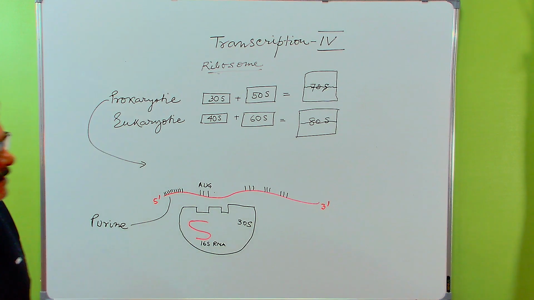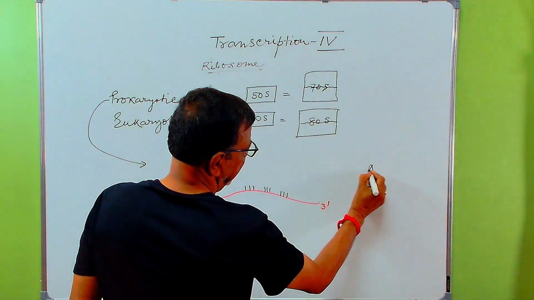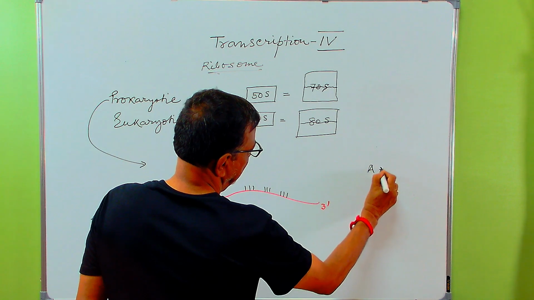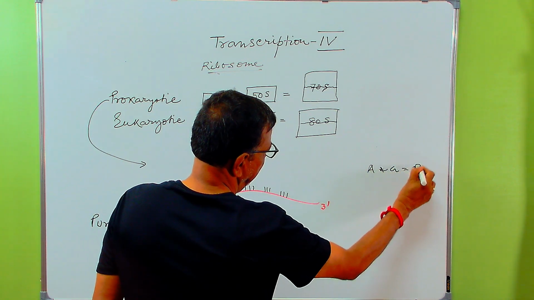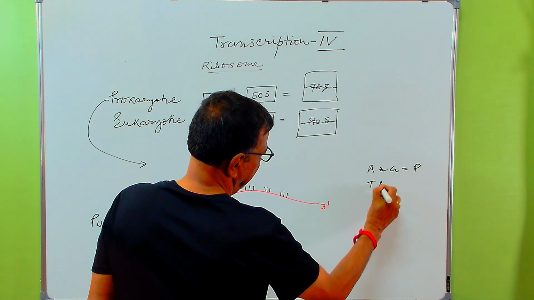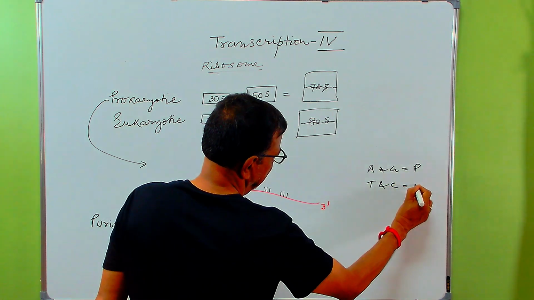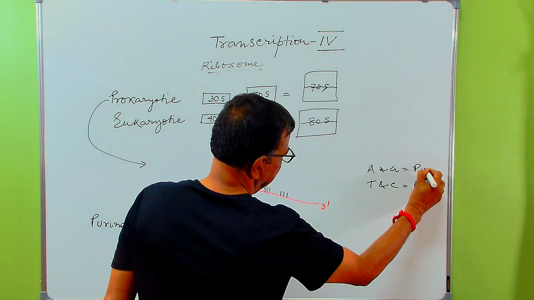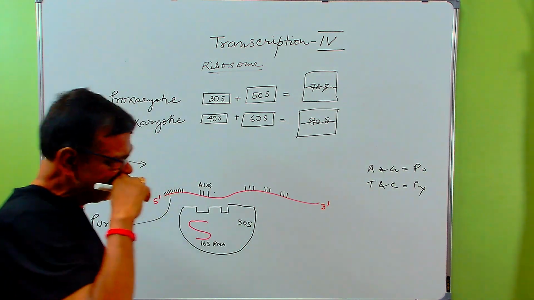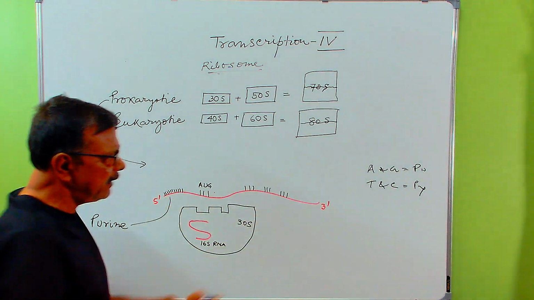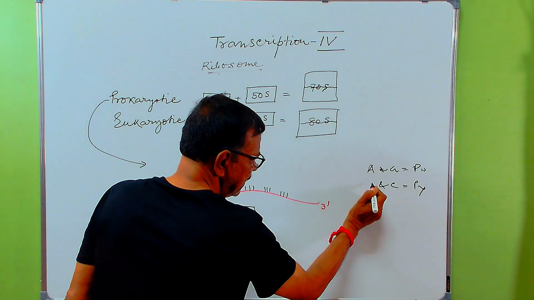What is purine bases? Adenine and guanine are purine. Thymine and cytosine are pyrimidine bases. This is purine, pyrimidine.